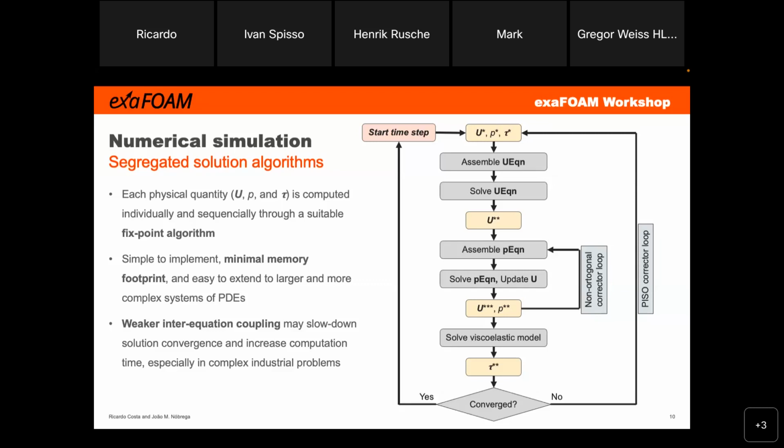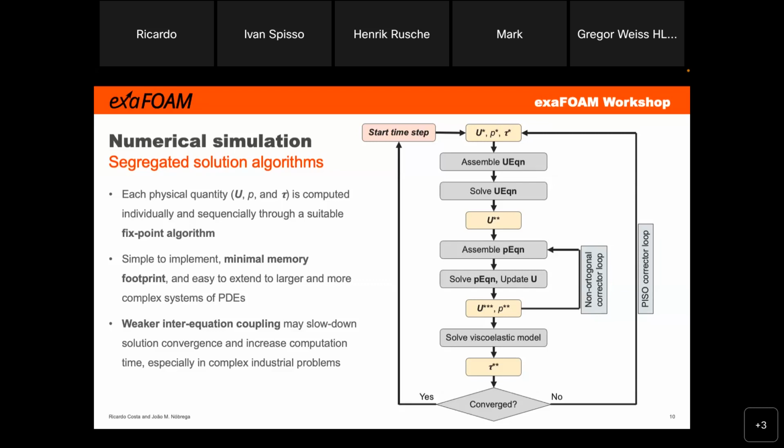And then I can obtain my stress tensor or all the stress tensors that I need. And at the end, if it has converged, okay, I can go to the next time step. Otherwise, I have to repeat this whole loop again.